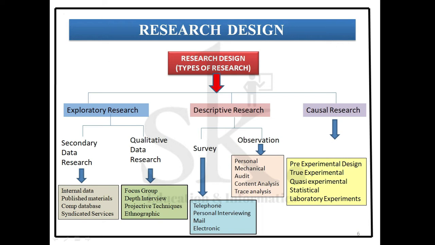Now, research design can be classified under three heads: exploratory research, descriptive research, or causal research. Now, what is exploratory research? Exploratory research means to explore something, to find out something new, in which you have very little idea or knowledge. You almost have no knowledge, no idea.